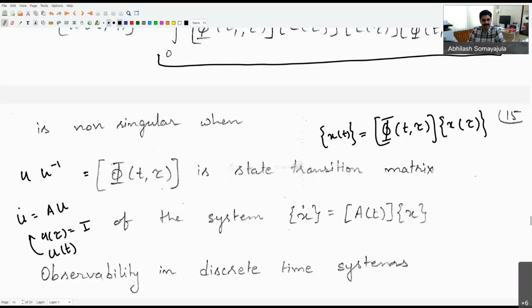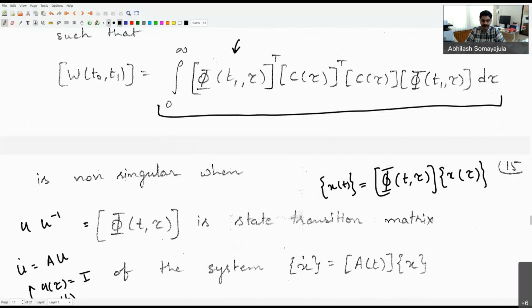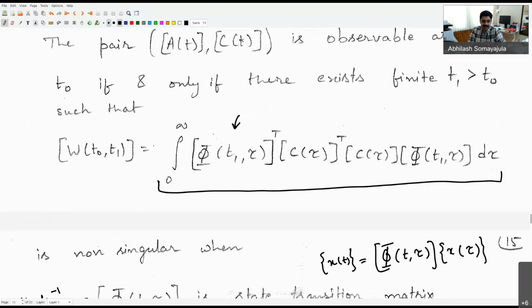But please understand that even if we have linear time varying systems, the observability concepts do apply in that case. But then you have to understand that a time limitation comes into the picture. Is it observable in a finite time? This can be estimated by formulating this matrix between time t0 to t1 and seeing whether this matrix is singular or not.